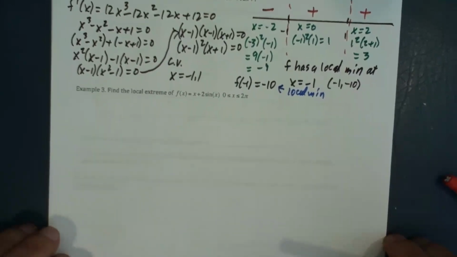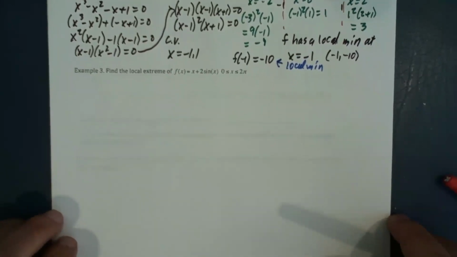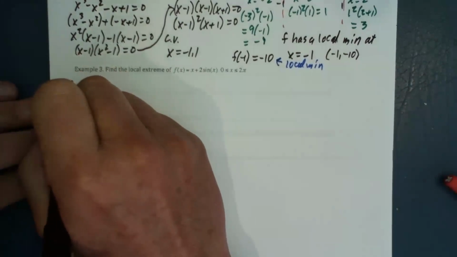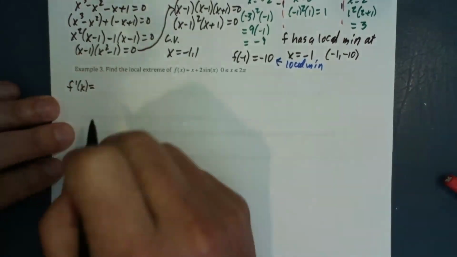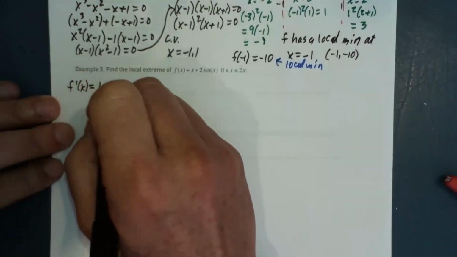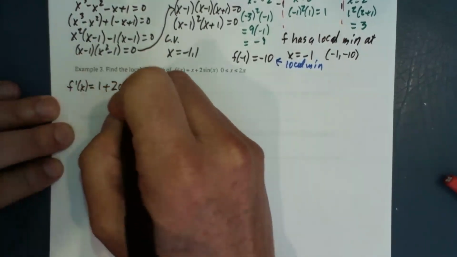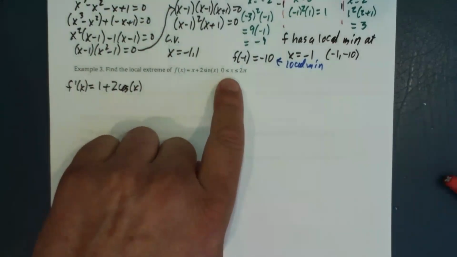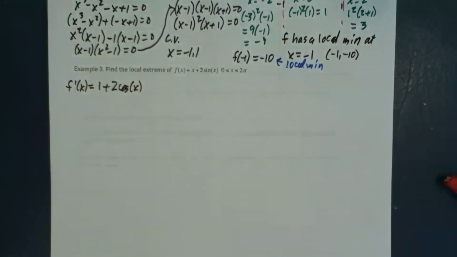Let's do another one. Got some trigonometry with this one. Very nice. Let's take the derivative. That's going to be 1 plus 2 cosine x. And they say x is only going to be between 0 and 2 pi.